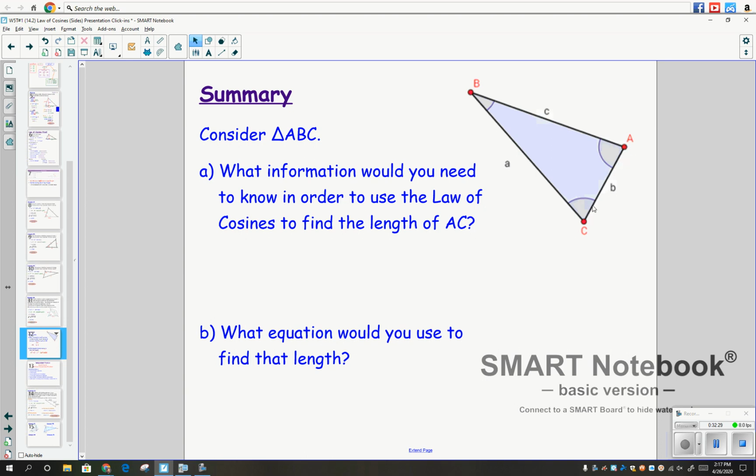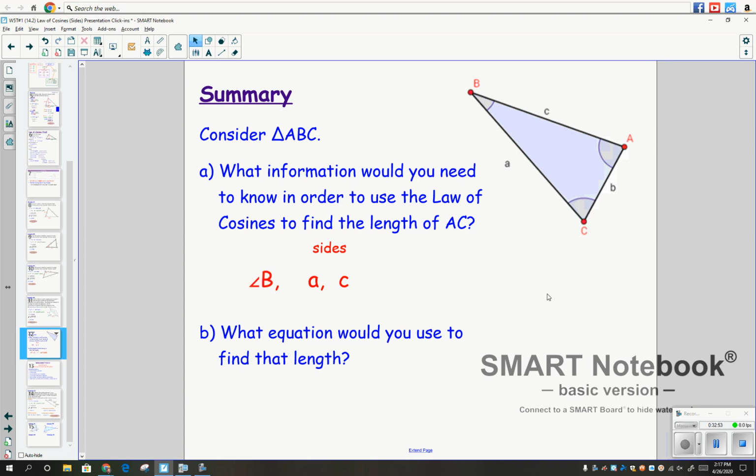Well, AC is B, so which sides do I need to know? The sides not B, which are A and C. So I'm trying to find side B, so I would need to know sides A and C, and I would also need an angle. I need the angle that's between the 2 sides I know the measure of, which would be angle B.